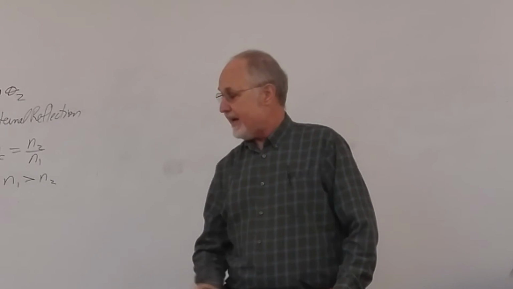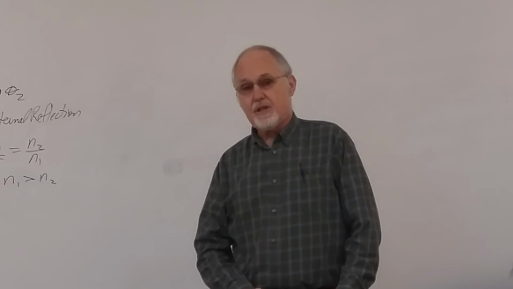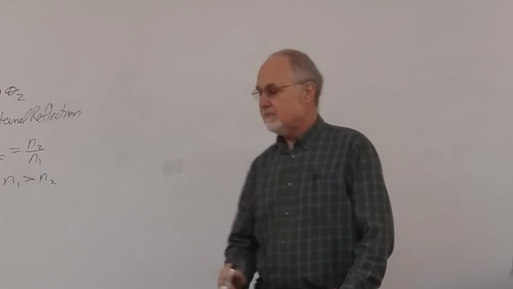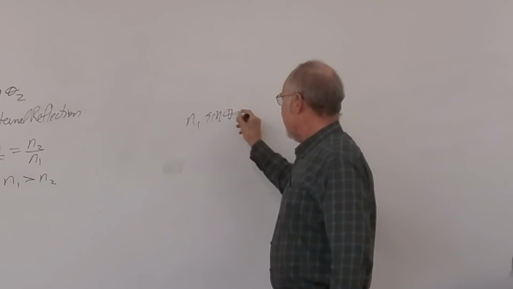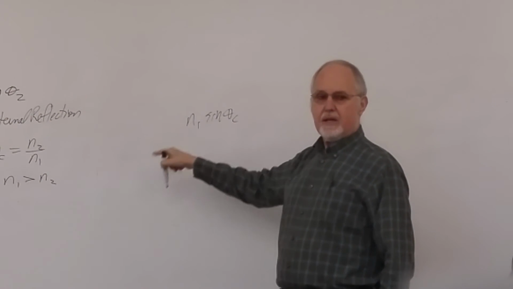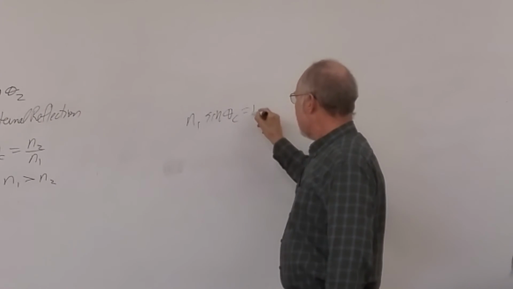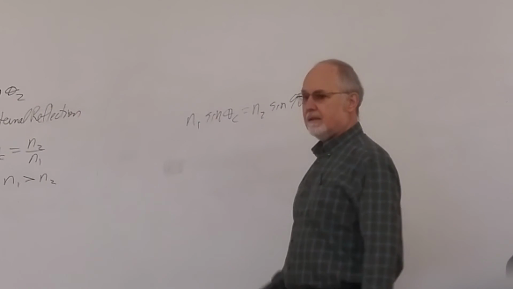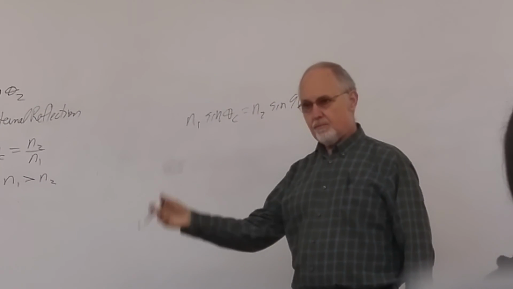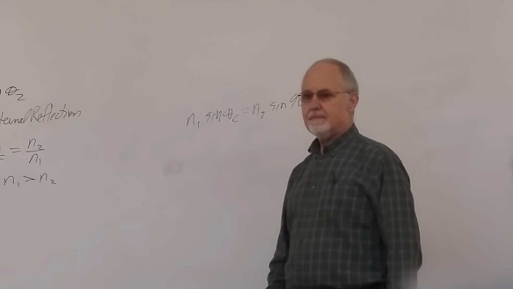But that equation does come from Snell's Law. You're saying the N1 side, if you're at the critical angle on the N1 side, that's equal to N2 times the sine of 90 on the refractive side.